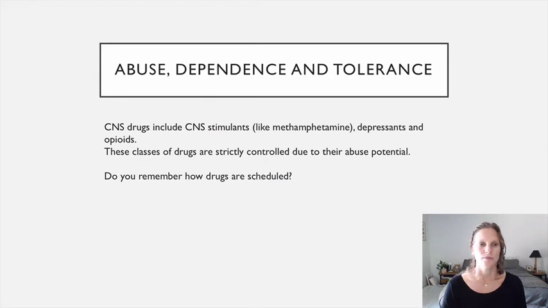Most of our central nervous system drugs, the stimulants like methamphetamine, the depressants like the barbiturates and the benzodiazepines and alcohol, and the opioids, which have a depressant activity as well but are used generally in the management of pain, are all scheduled drugs, and they all exhibit dependence causing propensity or characteristics. So we really have to think about that.